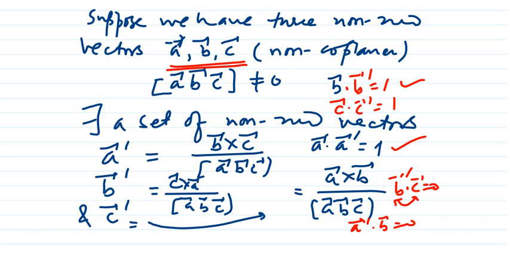If these are different pairs, the dot product will be 0, because in this case the numerator of the dot product will have two similar vectors, and the scalar triple product of three vectors, if two are the same, will be 0. Okay, so we should stop here.